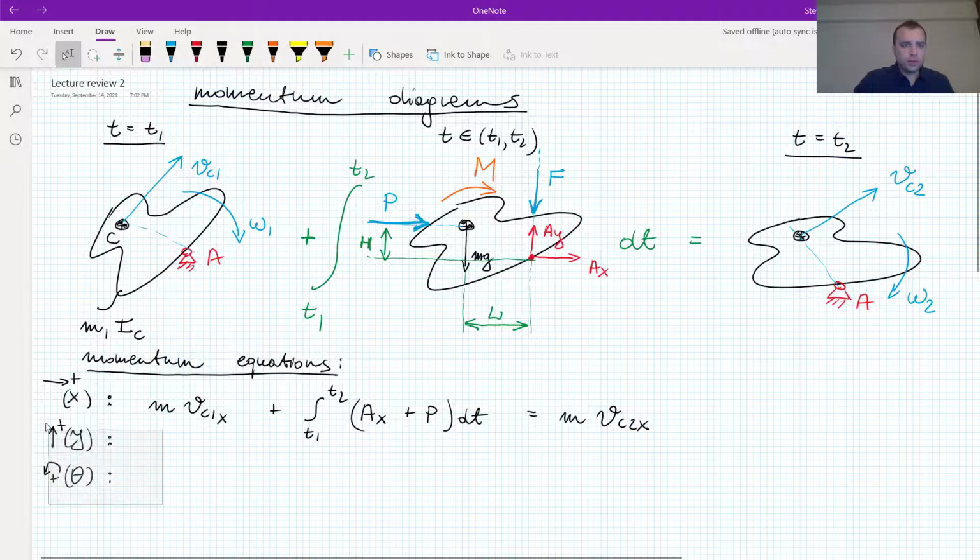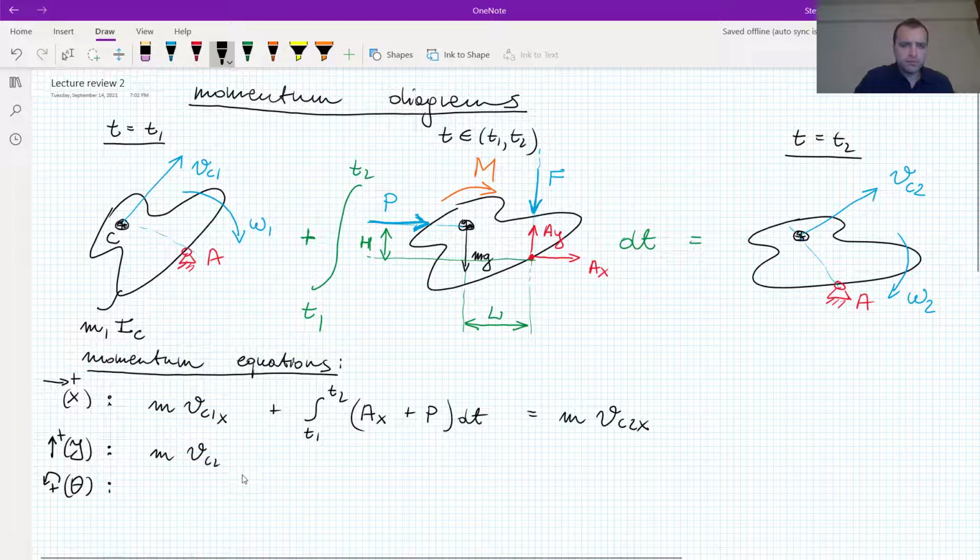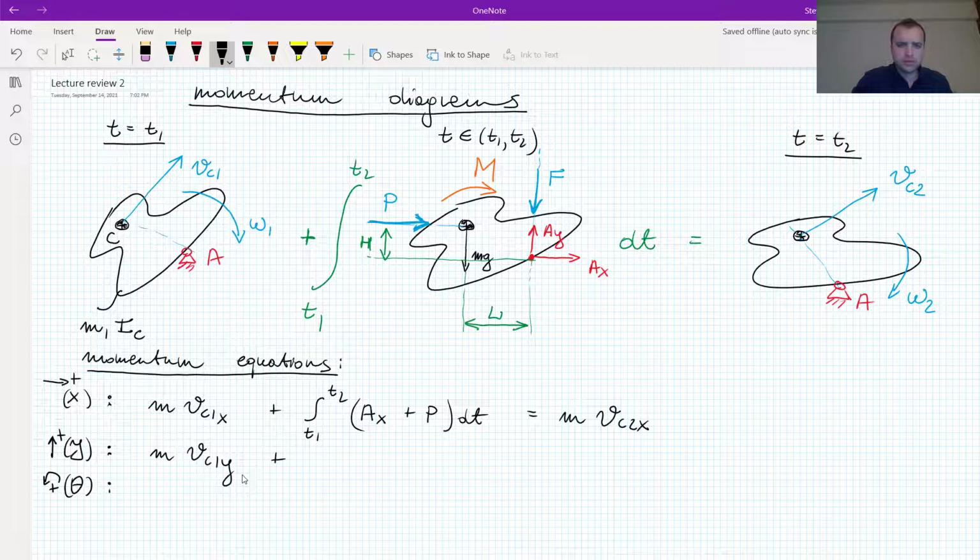How about our momentum equation for the y direction? Here we will have m vC1y plus the integral from t1 to t2 of minus mg minus F and plus Ay.